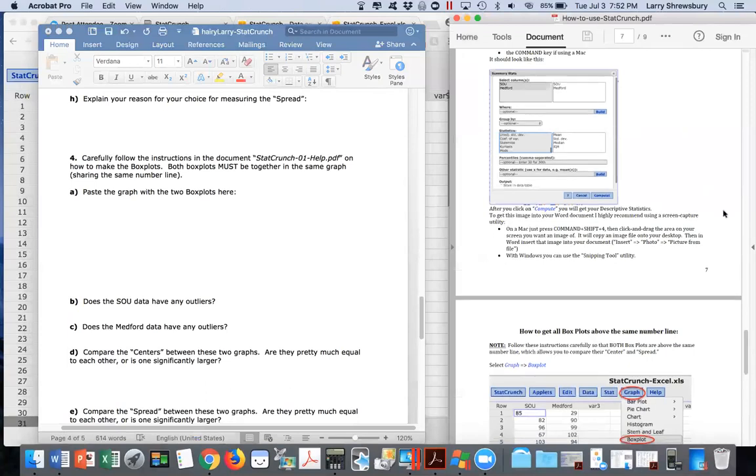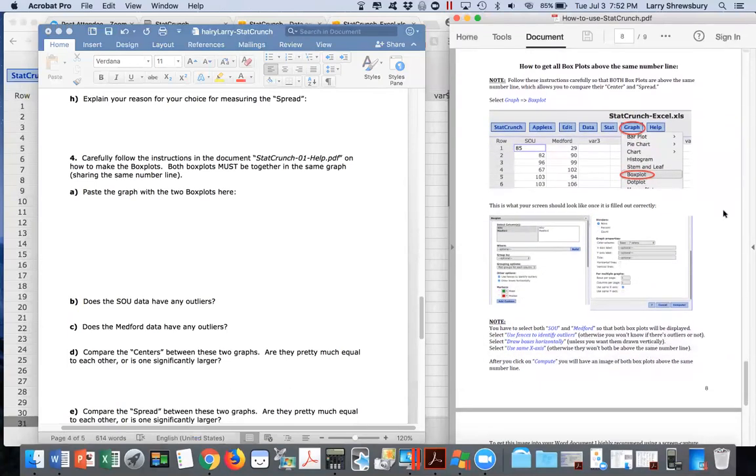Now, you've got to be a little more careful in following the instructions, a little more to watch out for, because we really have to get both box plots above the same number line, or we won't be able to compare the data sets with each other. Because the box plots do 2 really helpful things.